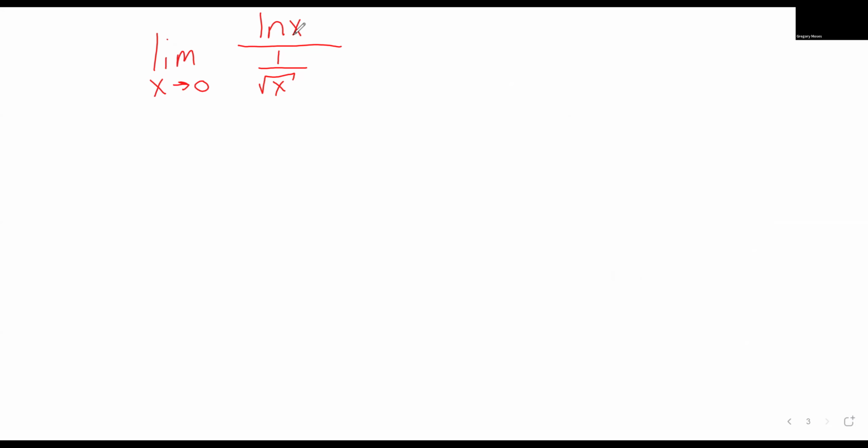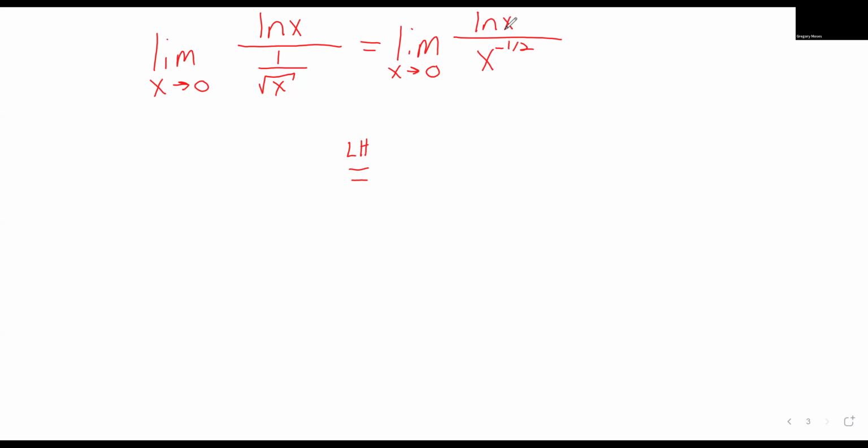But when you take the derivative of the natural log, it gets so much simpler that it more than counterbalances that. Let's see what happens here. 1 over the square root of x is x to the negative 1/2. And you start taking derivatives.